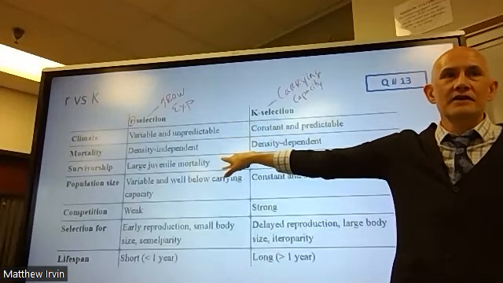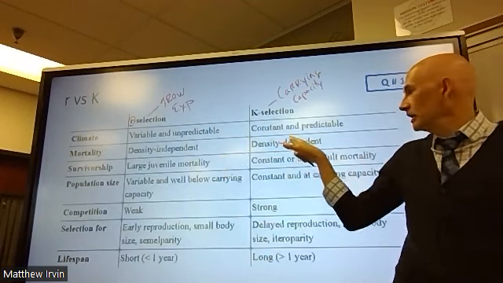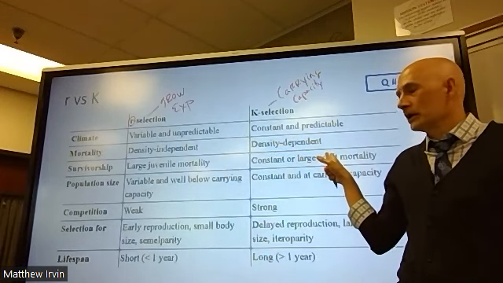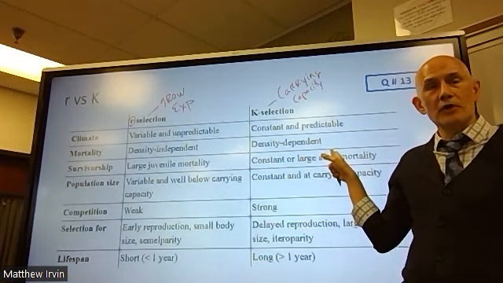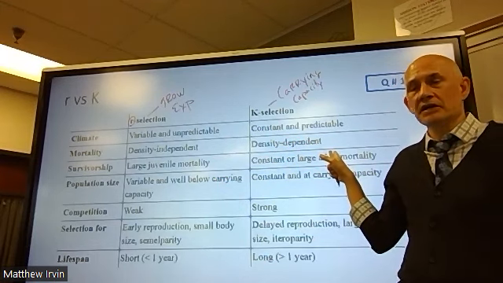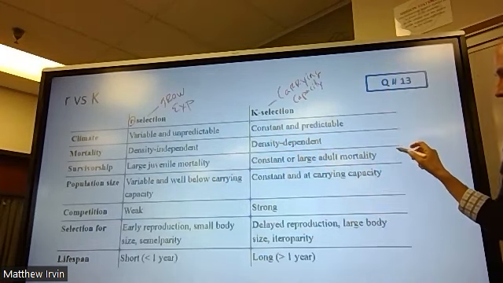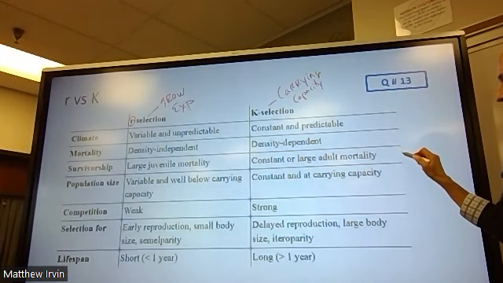Usually there is a lot of early death in r selected organisms. With K selected organisms, usually more of them make it to adulthood because you have a lot of parental care.